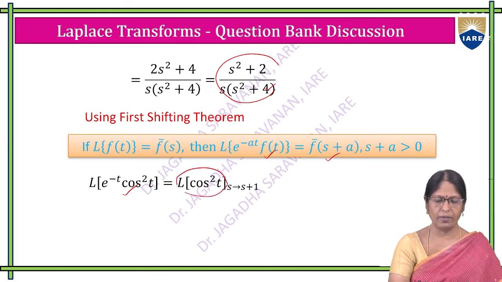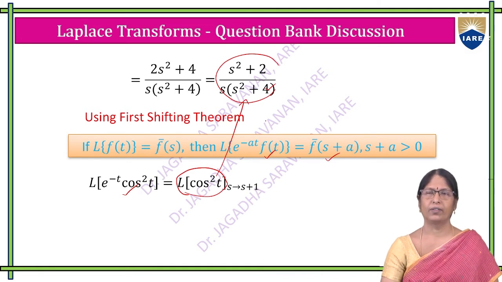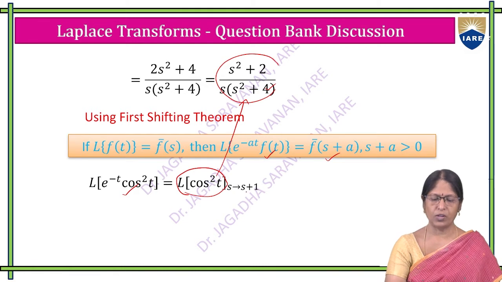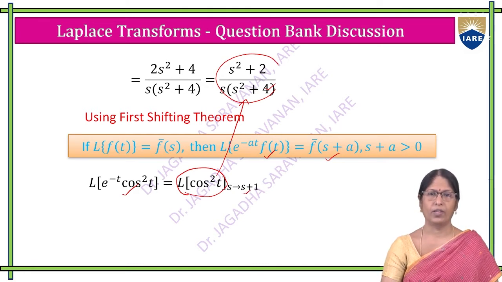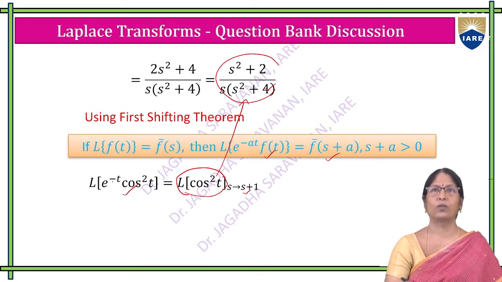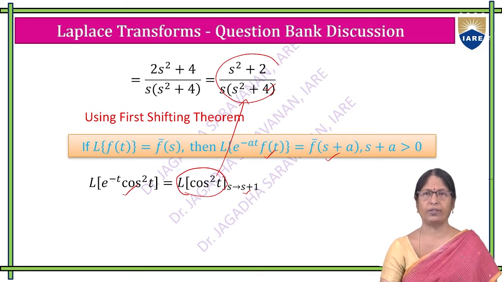This already we found, this is the result. The result will be in terms of s. S should be replaced by s plus 1, because here minus 1 is the coefficient.